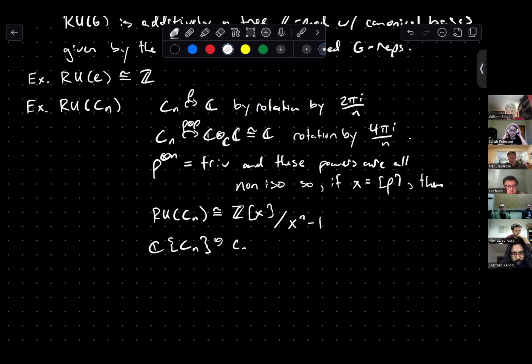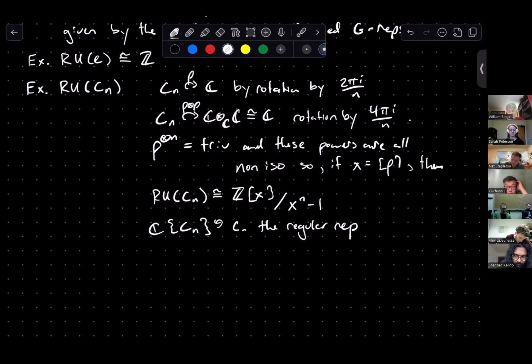In this case, it's called the regular representation because it's G acting on the free complex vector space on G. And it's another good exercise to see that the isomorphism class of this Cn representation is the element 1 plus x plus x squared up to x to the n minus 1. So that's who that is inside of the representation ring of Cn.